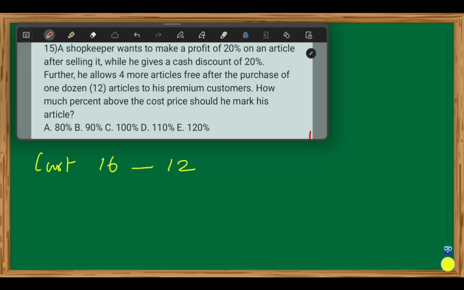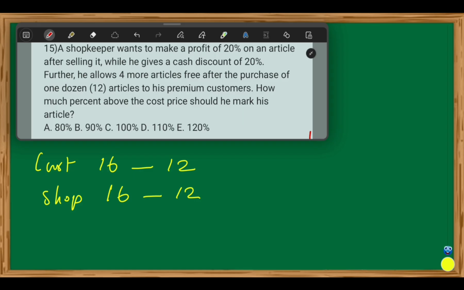On the other hand, from the shopkeeper's point of view, he incurs the cost of 16 articles but he receives the money for only 12 articles. This is the most important logic in this problem.